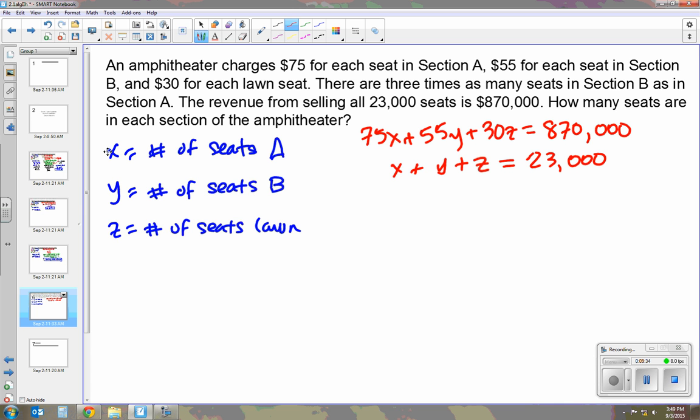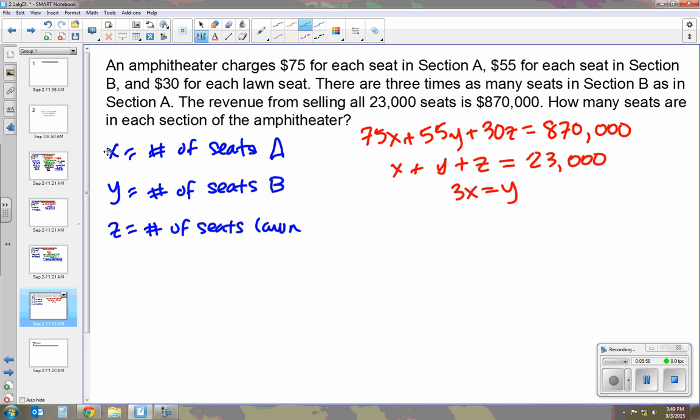Okay, and the very last one is I'm going to use there are 3 times as many seats in section B as there are in section A. And the way I'm going to write that is 3x equals y. Because if you multiply section A by 3, you'll get the number of seats in y. Now I'm going to let you do this on your own, but I'm going to write down the answers.